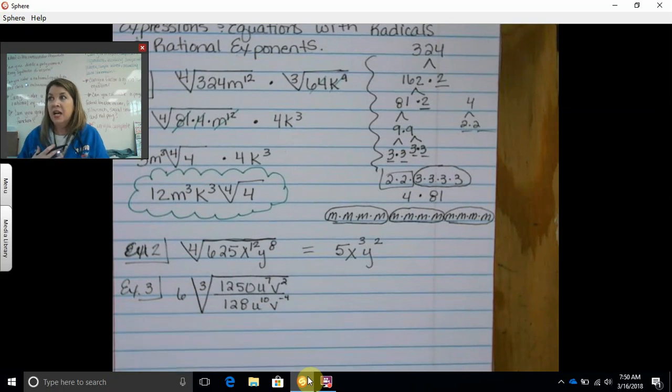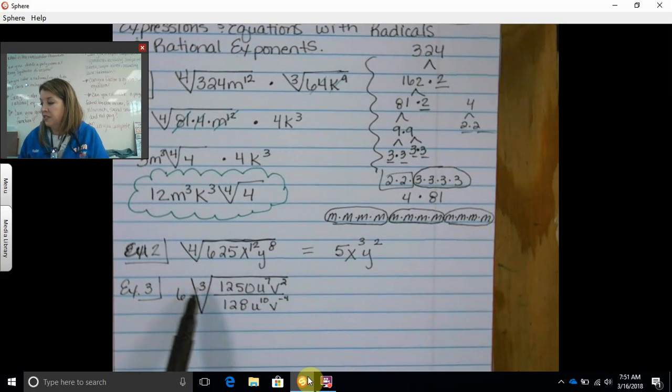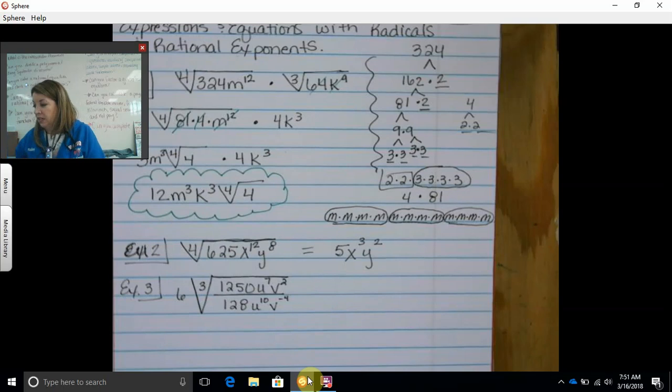To me, sometimes it's less confusing to write it as the 6 times the cubed root of 1,250 u to the 7th v squared in the numerator. And then in the denominator, write another radical. Now the 6 only goes in the numerator. It doesn't go in the numerator and denominator. And in the denominator, write the cubed root of 128 u to the 10th v to the negative 4th. And I'm going to do that, but I'm going to wait till I have it simplified first.